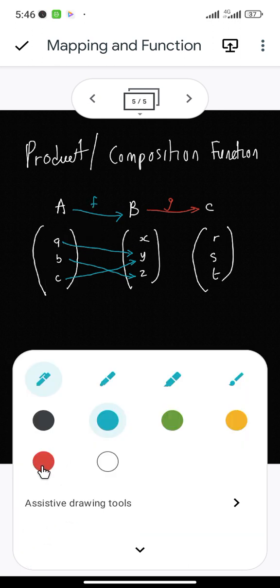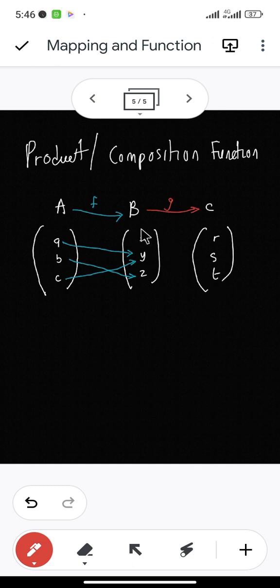Now, function g maps the elements of B into C. So let's say g maps X to R. g maps Y to T. And g maps Z to R.